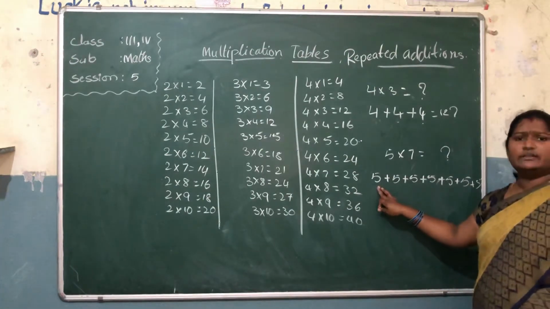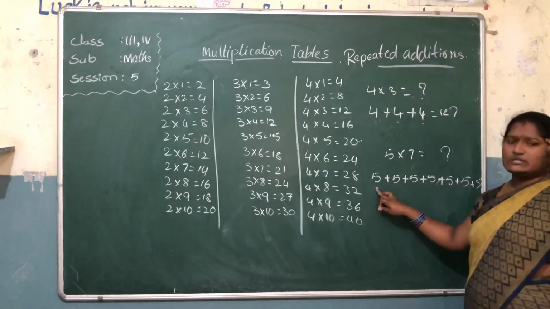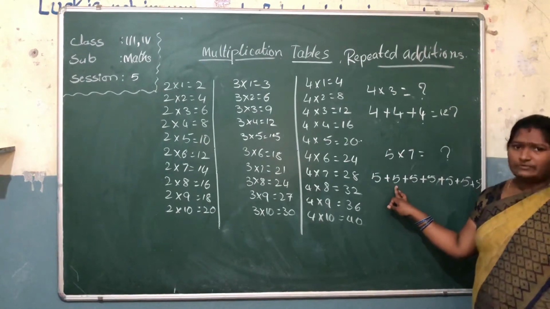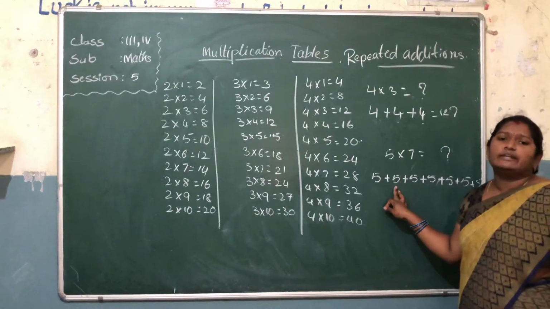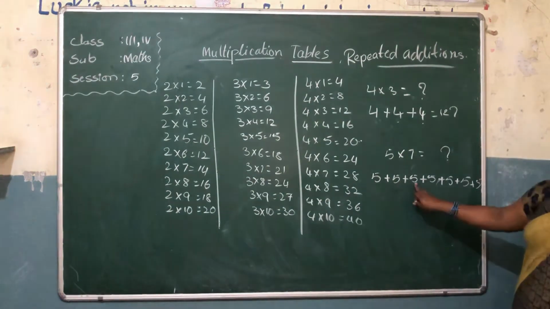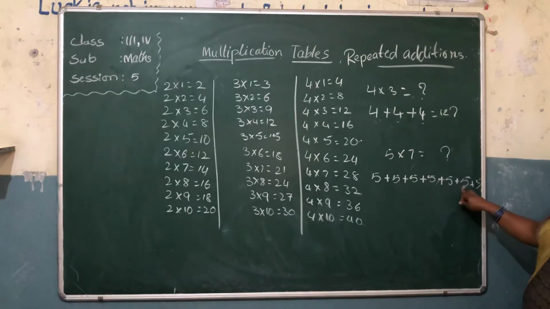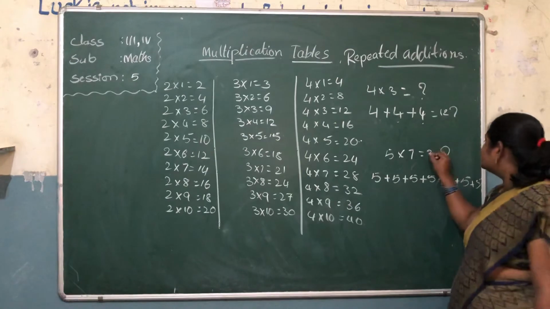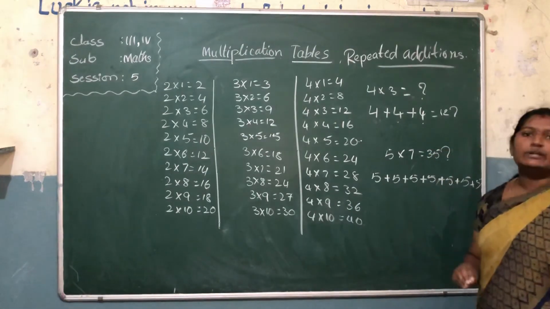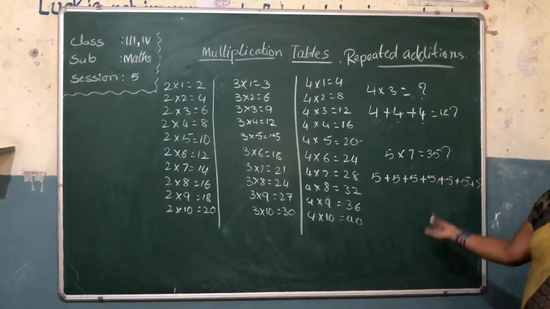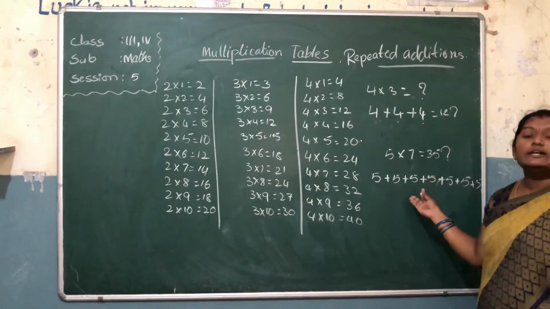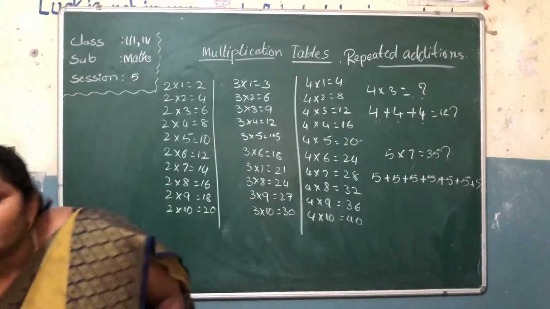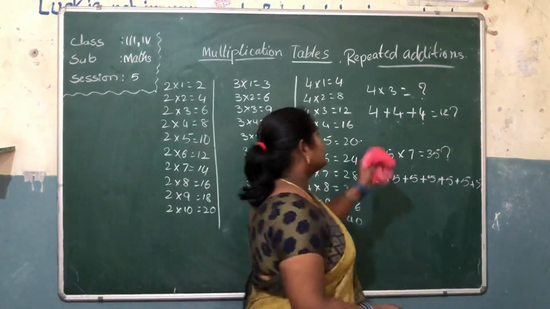First 5, take fingers. Keep the first 5 in the mind and count the second 5 on the fingers: after 5, 6, 7, 8, 9, 10. Like that: 5, 10, 15, 20, 25, 30, 35. So 5 sevens are 35. Do you understand? This is called repeated additions. What is repeated additions?